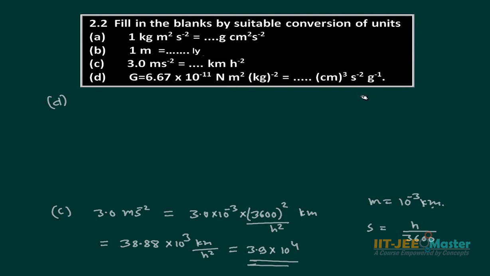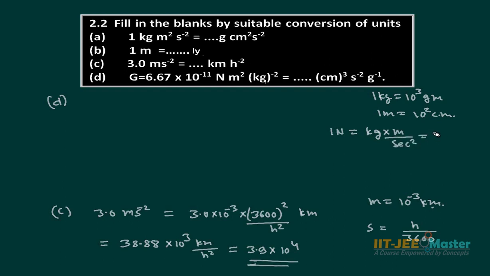We'll find Newton first in terms of meter and kilogram and second, because we know about the meter and kilogram already well. That is 1 kg is equal to 10 to the power 3 gram. 1 meter is equal to 10 to the power 2 centimeter, while 1 Newton is 1 kg meter per second square.